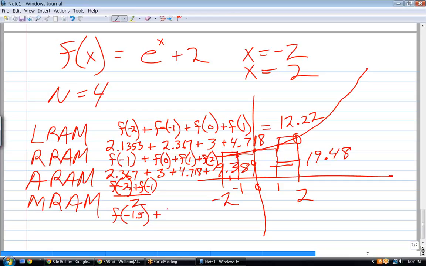Plus f of minus 0.5. Notice that each of these on the x-axis is the midpoint. In other words, that's the midpoint of that rectangle. So the height of that rectangle is going to be f of minus 1.5.